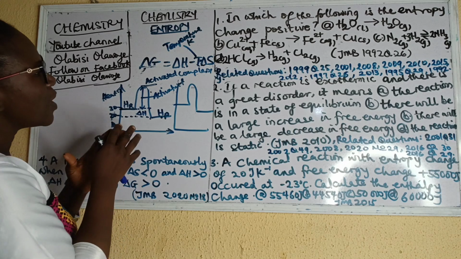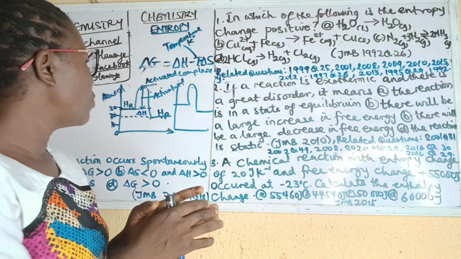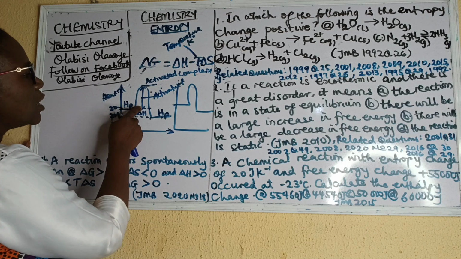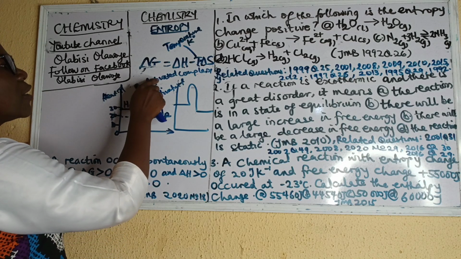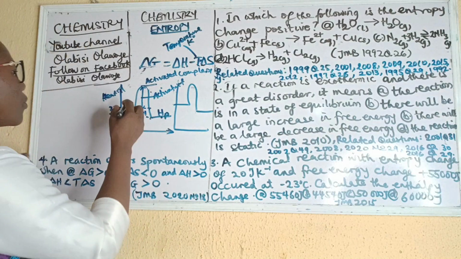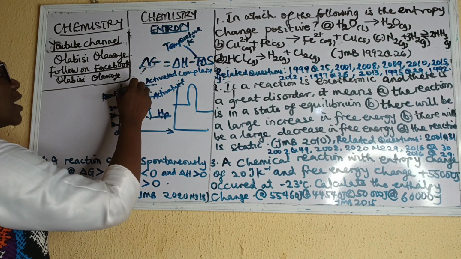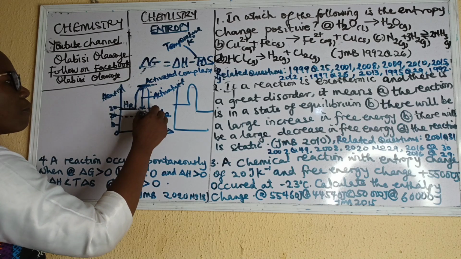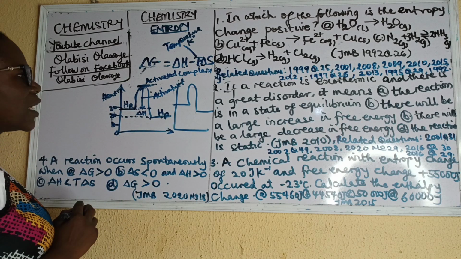The minimum energy required for a reaction to take place is the activation energy. It is possessed by a reactant particle. It is from here up here. While the top here is the activated complex, which is an intermediate between the reactants and the product. You know, the reactants attain a certain energy level, which is here, before products start appearing. That is the activated complex.